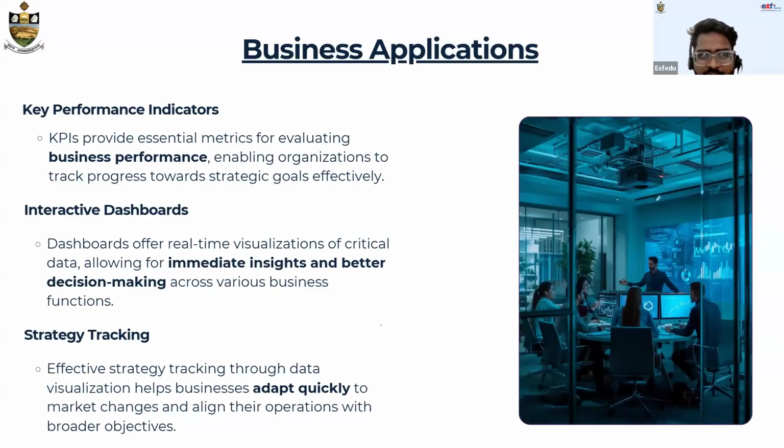These are called summarizations, like statistical mean, median, and mode, which describe the summarized version of your data. KPIs provide essential metrics for evaluating business performance, whether it's total revenue generated, total profit generated, or the average order value on an e-commerce site. These are key performance indicators, and they are very important for a business to run and grow.